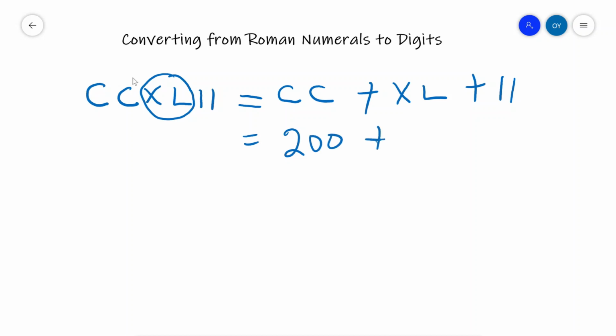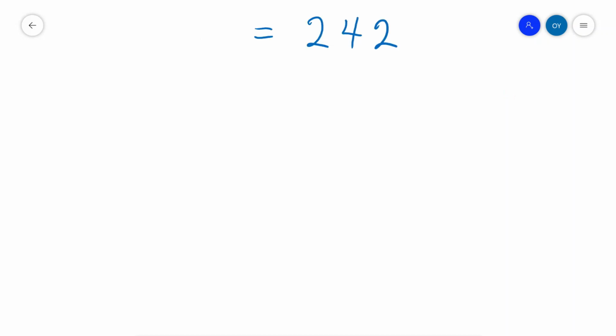Remember, X is behind the L, so that would be 40. That's 50 minus 10. Then II is 2. So now we add them up together. 200 plus 40 plus 2 gives us 200, 4, and 2. So 242.